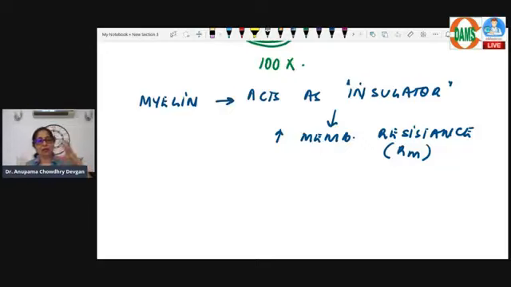What is the role of that plastic? The plastic coating increases the resistance and decreases the flow of current. So myelin is doing something like that. It is increasing the membrane resistance.